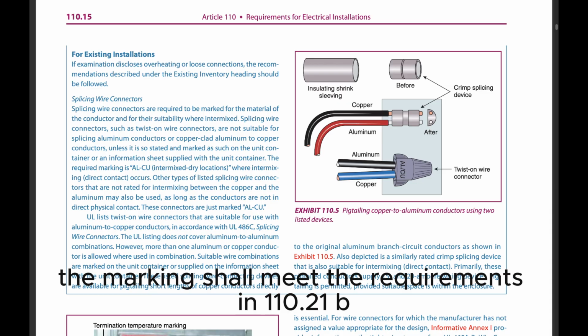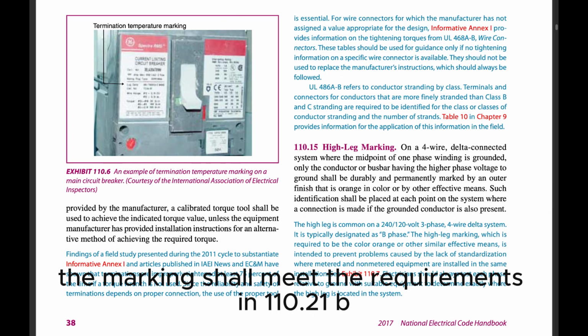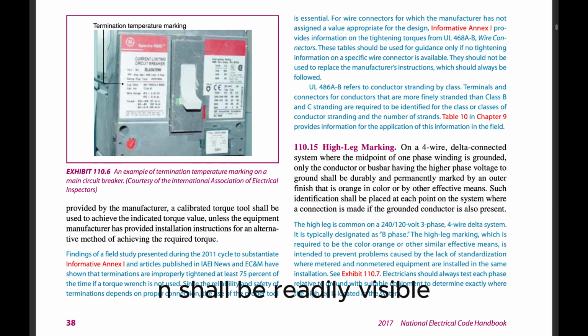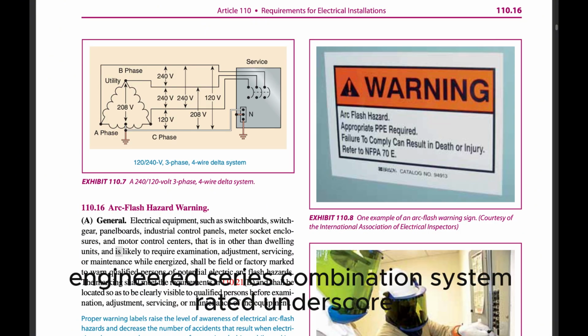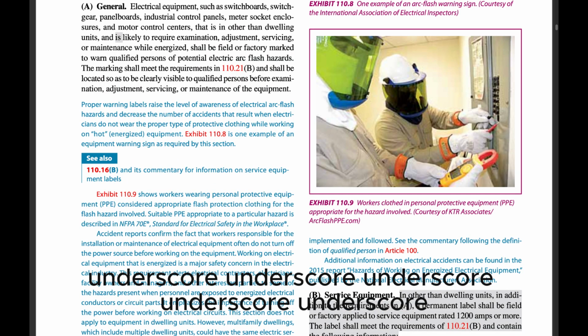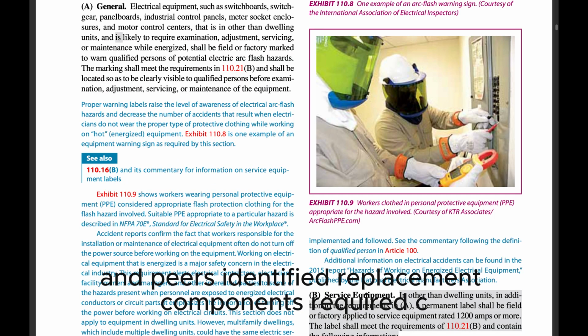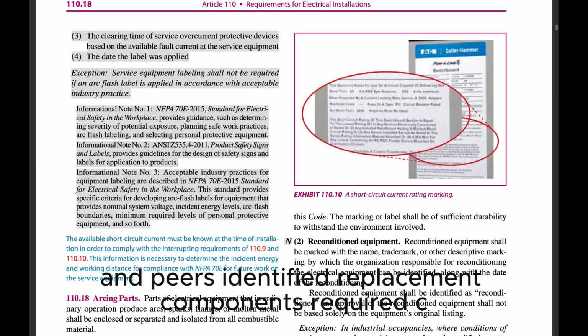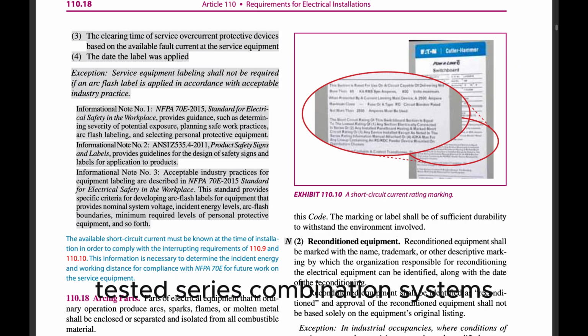The marking shall meet the requirements in 110.21(B) and shall be readily visible and state the following: Caution, engineered series combination system rated ___ amperes. Identified replacement components required. C. Tested series combination systems.